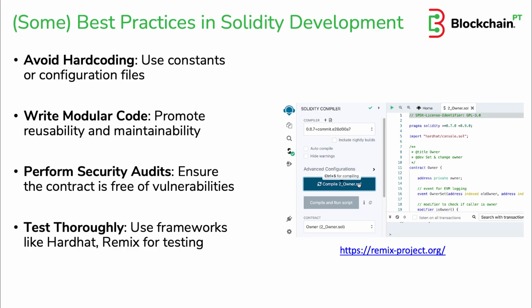Some best practices in Solidity development. Here are a few best practices when writing Solidity programs. First, one should avoid hard coding, relying on defined constants or configuration files. It is also important to write modular code, thus promoting reusability and maintainability.